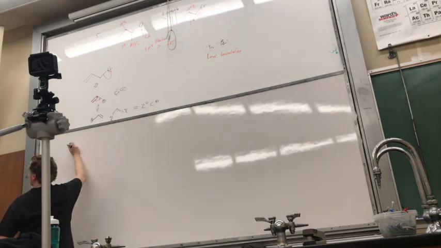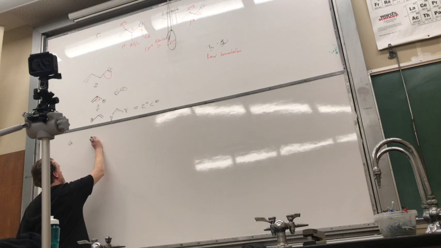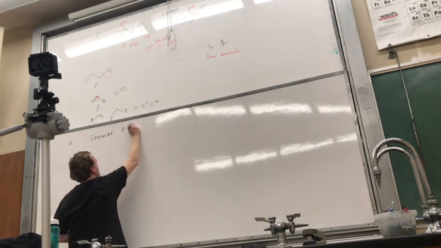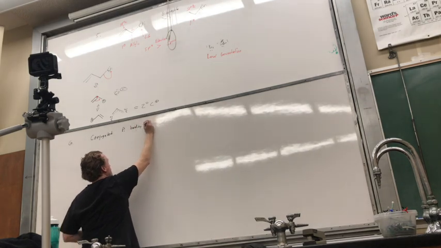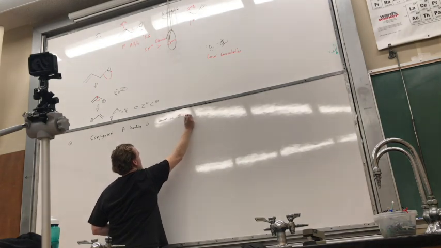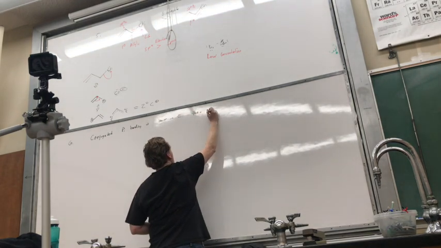Let's go to outcome 6. On outcome 6, we talk about conjugated pi bonds. Pi bonding is lower in energy than non-conjugated.